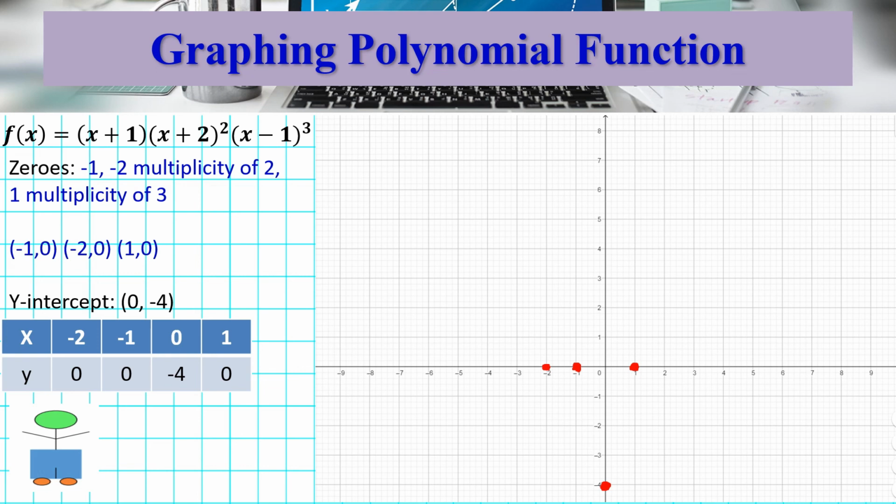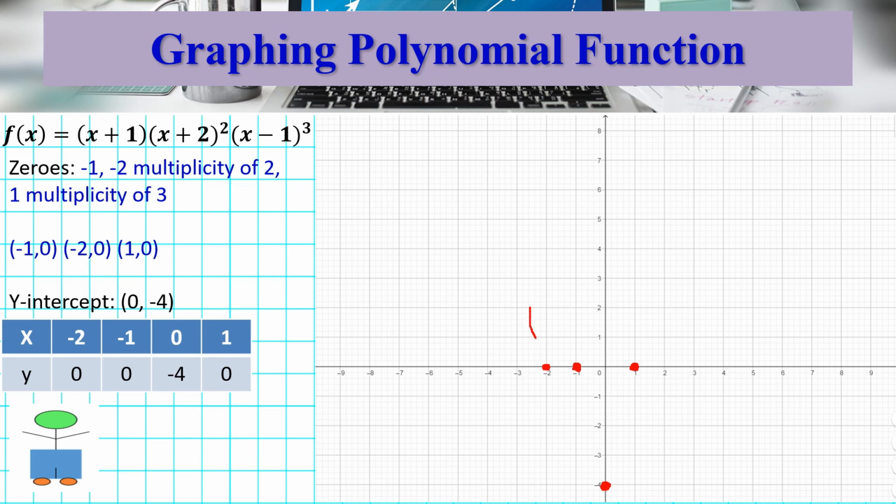So kung i-check natin yung graph sa taas, sa left side, manggagaling siya sa taas. And then sa right side, mag-e-end din siya sa taas. So starting from negative 2, multiplicity of 2 daw siya. So ang gagawin natin is, starting from the upper part, draw tayo ng line papuntang negative 2.